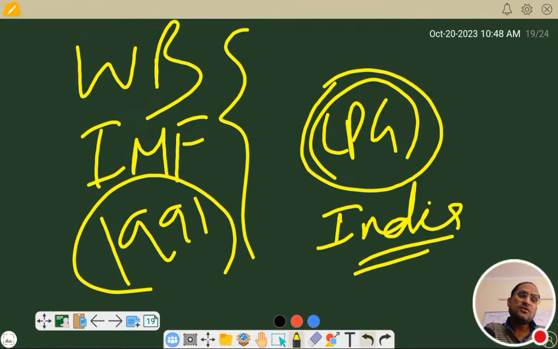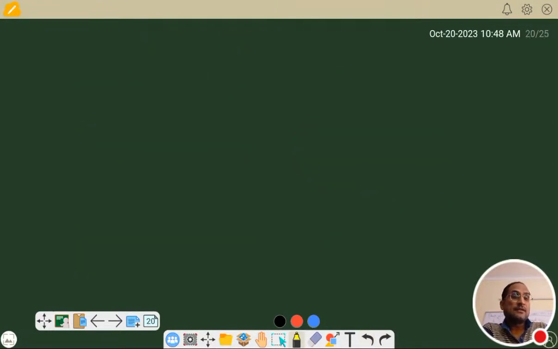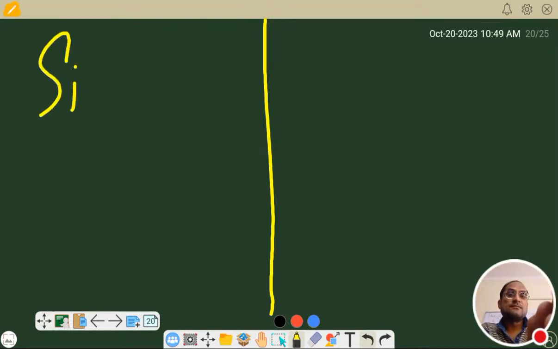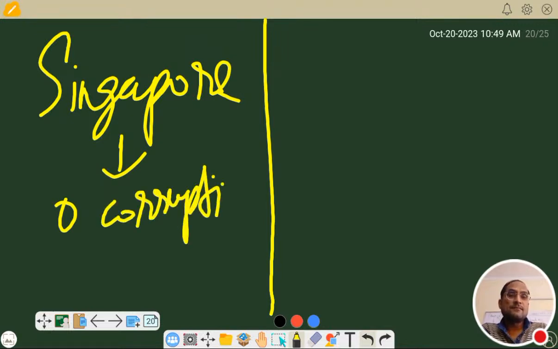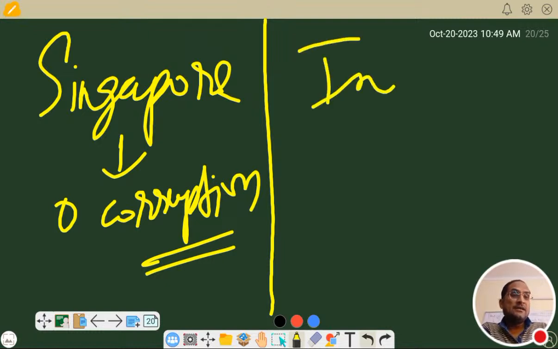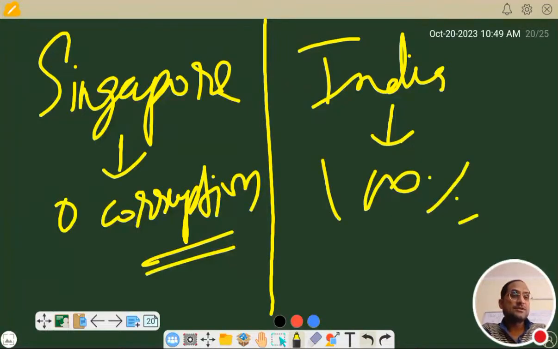You can see these examples. Look at this country, Singapore. Zero corruption. Look at India, almost 100% corruption.